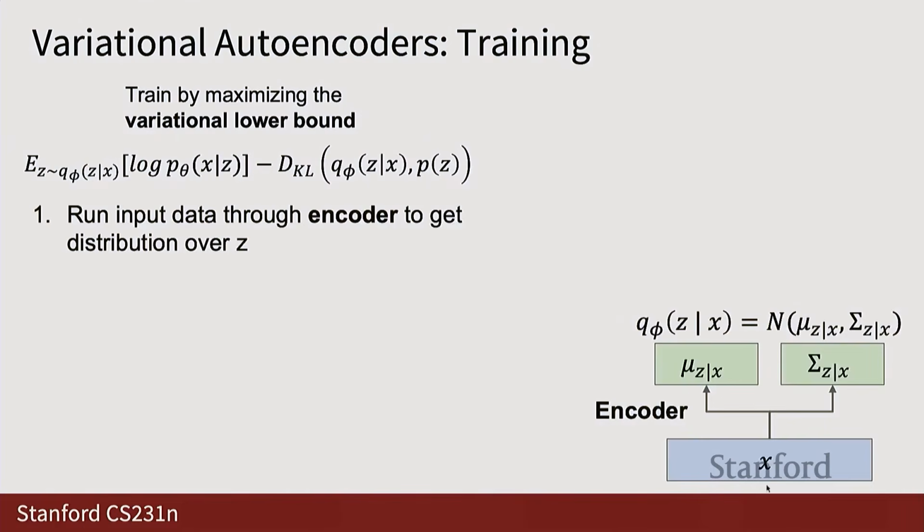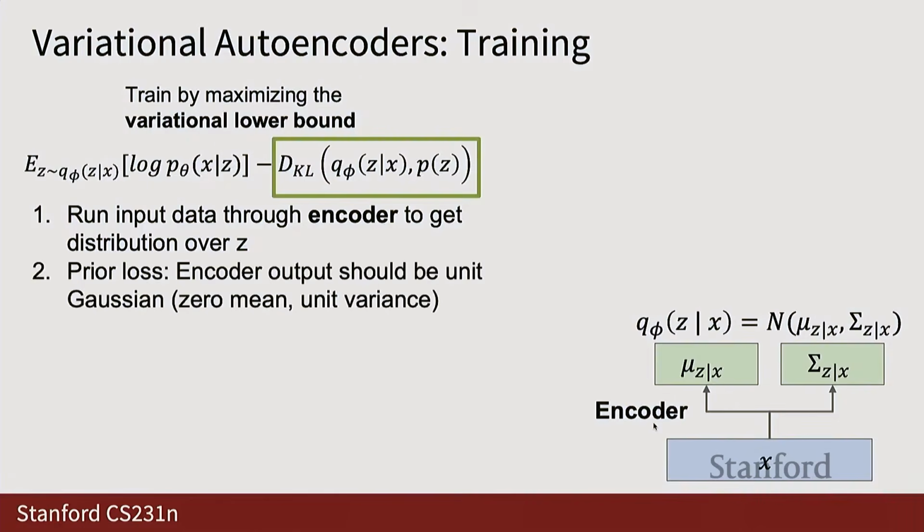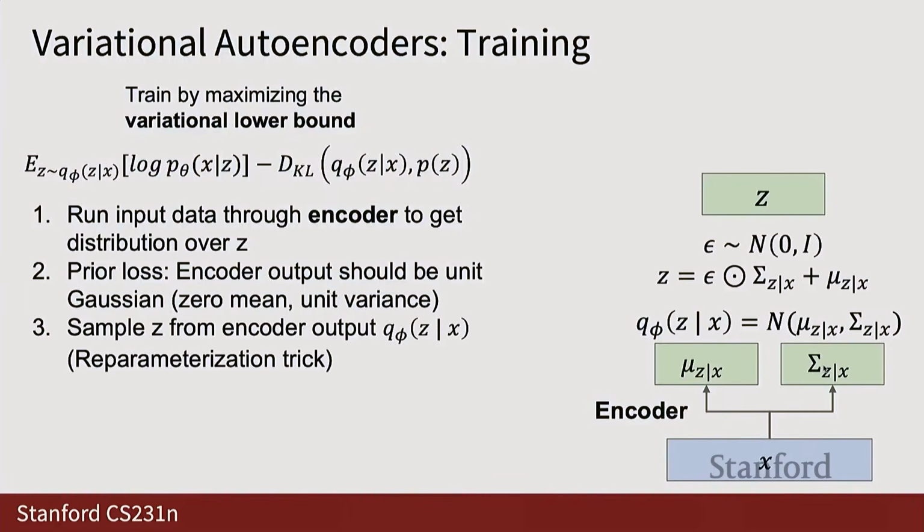Then, to walk through what the training procedure looks like more explicitly, we have this neural network encoder that inputs x and outputs a distribution over z. Then we apply this KL term to the predicted distribution. This forces the predicted distribution to be unit Gaussian, so it encourages the predicted mean to be 0 and the predicted sigma to be diagonal, all ones. Then we sample from that predicted distribution using the so-called reparameterization trick, which allows you to backprop through this.